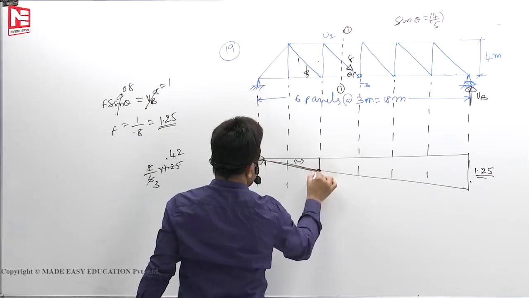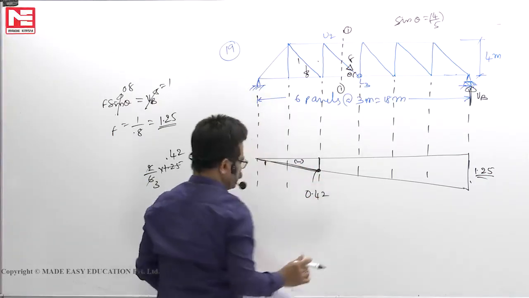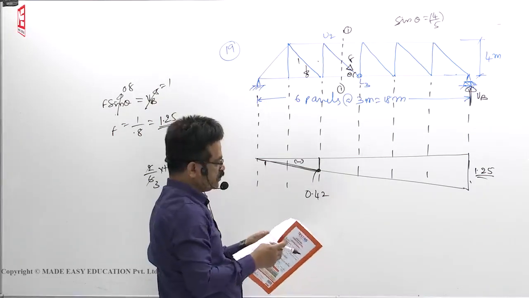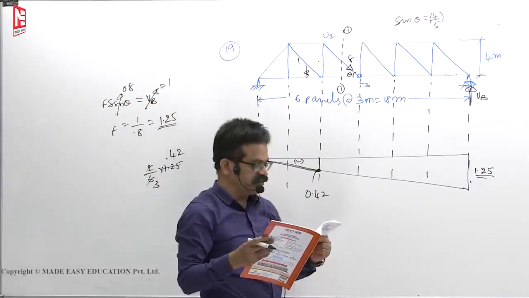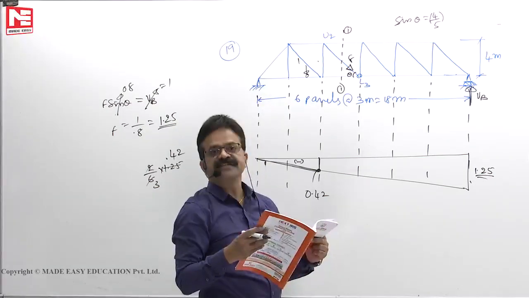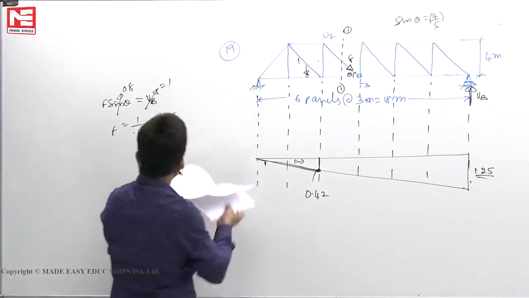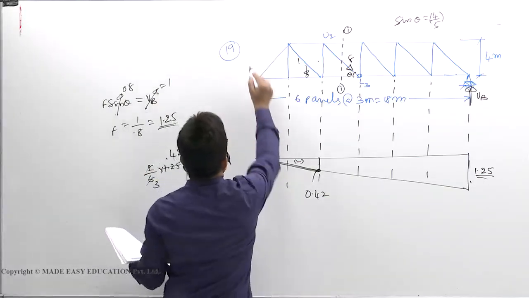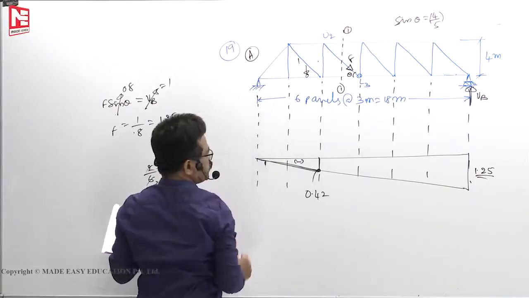Compression, this ordinate is 0.42. So compression 0.42, option A matches. Compression 0.33 gone. Tension 0.5 gone. Tension 0.33 gone. Enough. In 2 minutes time this is sufficient for us. Entire diagram not required. So 19th question, A is the option.